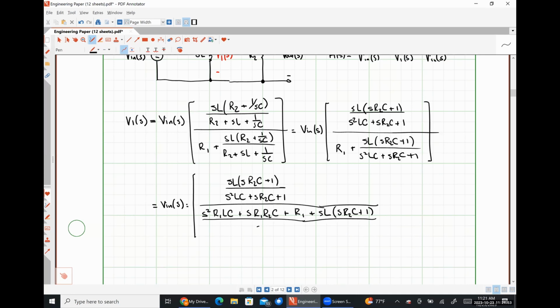That whole thing divided by S squared LC plus SR2C plus 1.